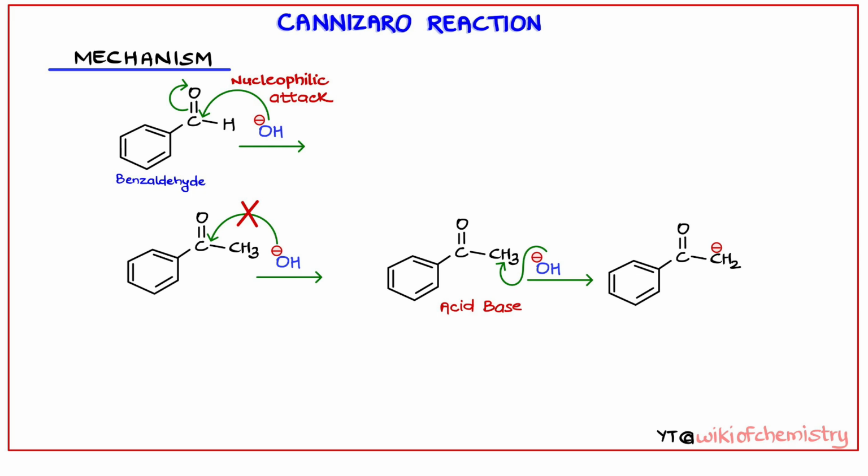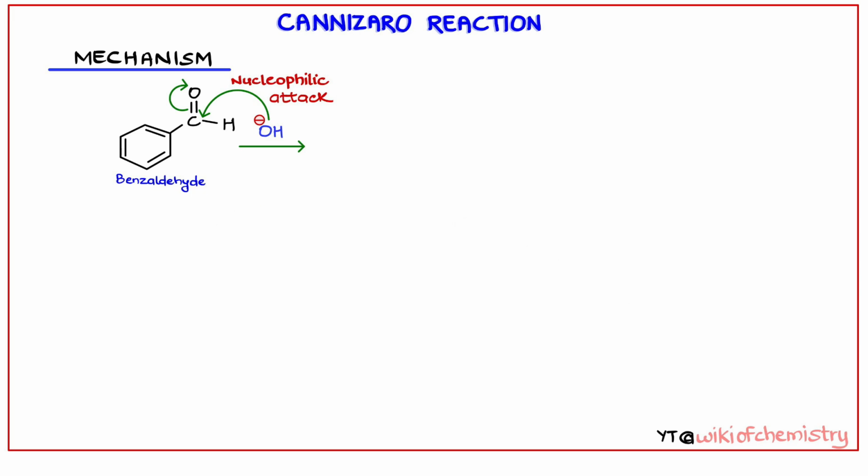In this sequence, Aldol reaction would be taking place instead of Cannizzaro. Okay, so that's why to carry out Cannizzaro, there should be no alpha hydrogen present in the molecule. So it is exclusively shown by only those aldehydes which do not have alpha hydrogen.